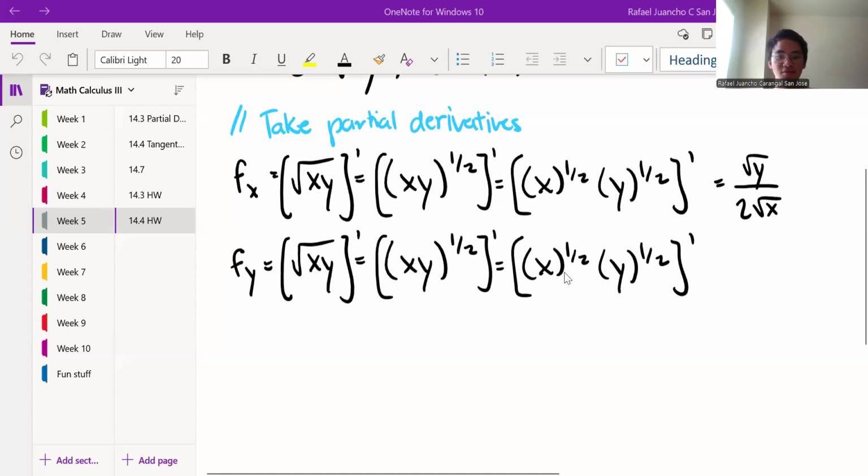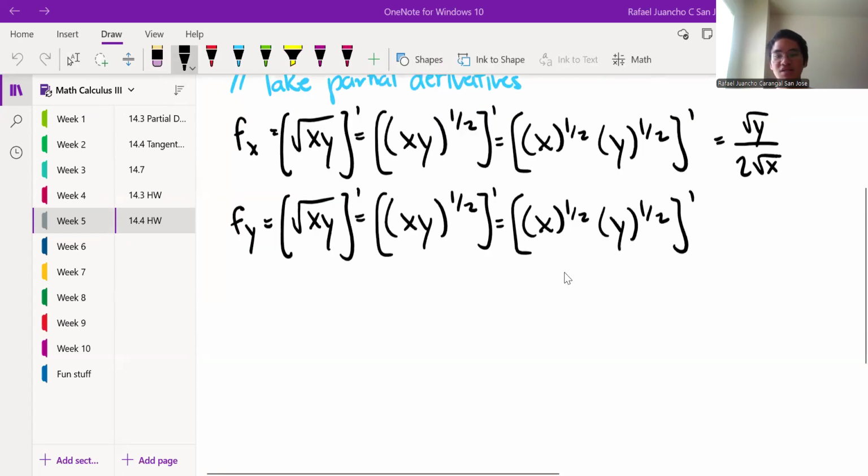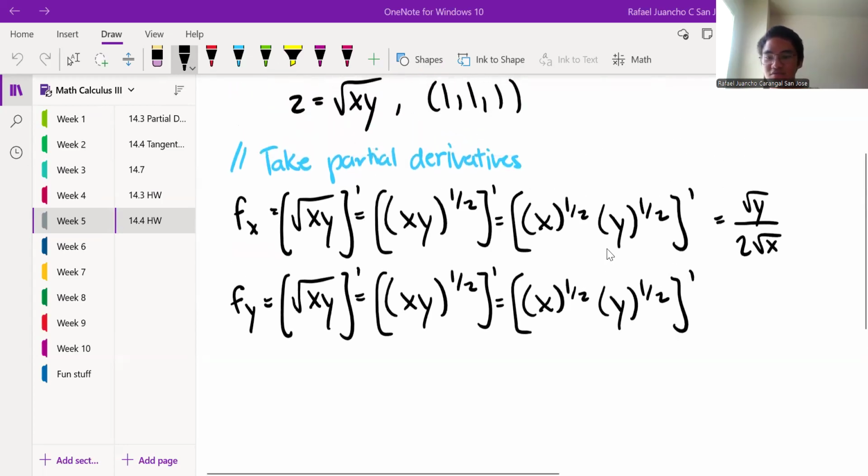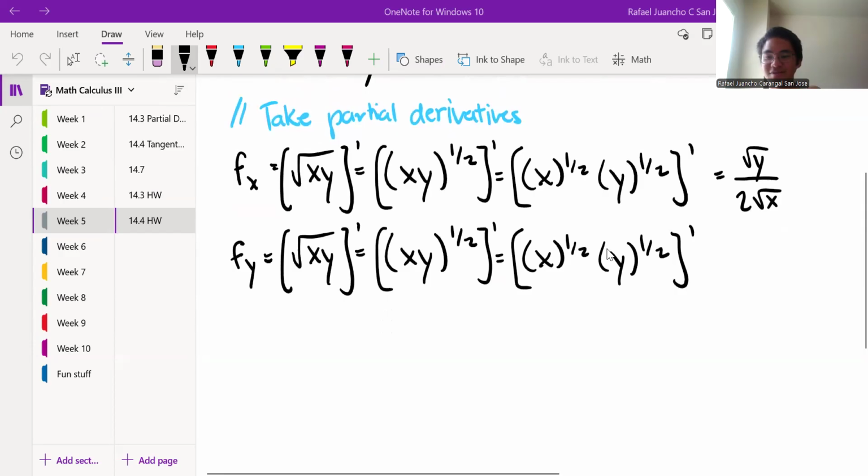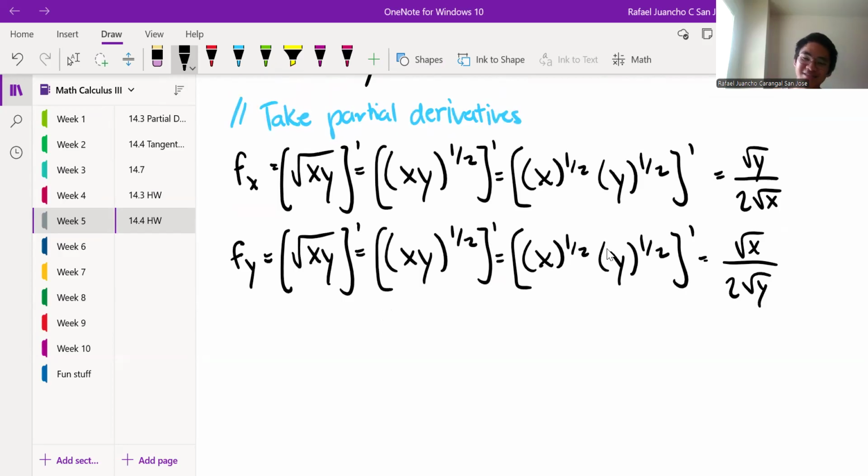Good. Okay, so here in this case, we treat x as a constant, and now we do the same thing with y. So actually, what just differed here? What happened is that we just switched the roles, and we're gonna get the same thing, right? So this is gonna be, if we take its derivative, 1 over 2 square root of y.